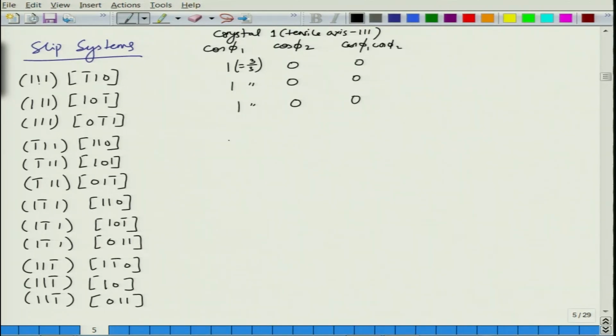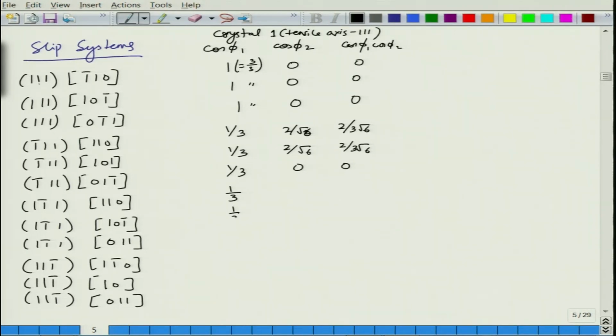Okay. Now, let us work out the others. If you do the maths, for the first group cos phi 1 will be 1 by 3 for all three, and cos phi 2 will be 2 divided by root 6, 2 divided by root 6 and 0. So, the product will be 2 divided by 3 root 6, 2 divided by 3 root 6 and 0. Now, let us work out the third group of planes.